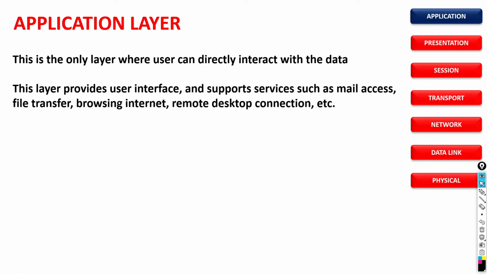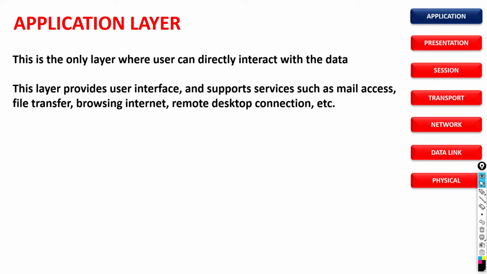This layer provides the user interface and supports services such as mail access, file transfer, browsing the internet, remote desktop connection, etc. Which is the first layer? Physical layer. Always remember, if somebody asks you which is the first layer of the OSI model, the physical layer is the first layer of the OSI model.